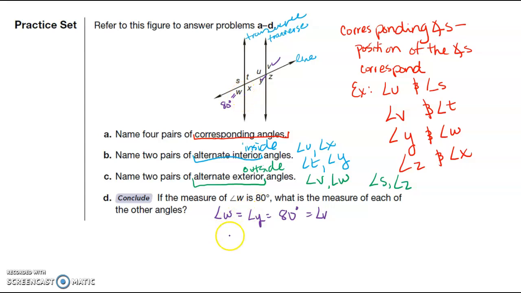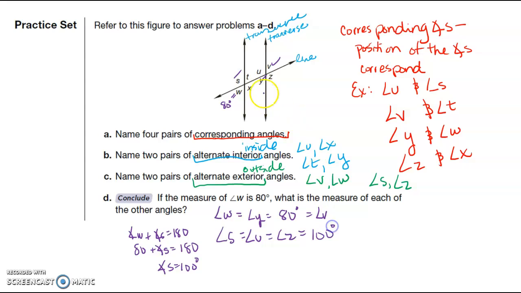And then I know that angle W plus angle S is equal to 180. So this is 80 plus, that's an angle, not LS, equal to 180. So that means S is 100. So I have that one. And what do I know about angle S? I know that it's the same as angle U and the same as angle Z. So that's 100.